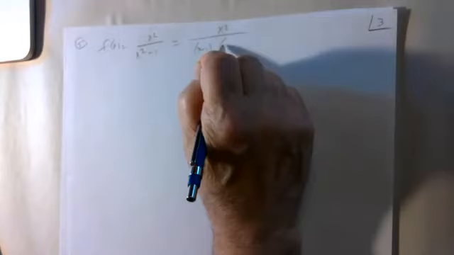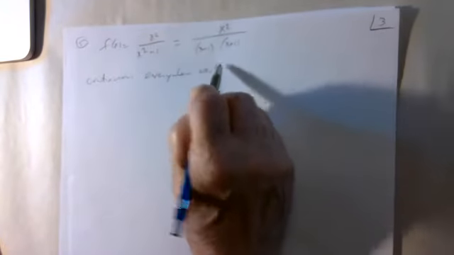Problem 5 is to look at the function f of x equals x squared over x squared minus 1, which if you factor the denominator is x minus 1 times x plus 1.